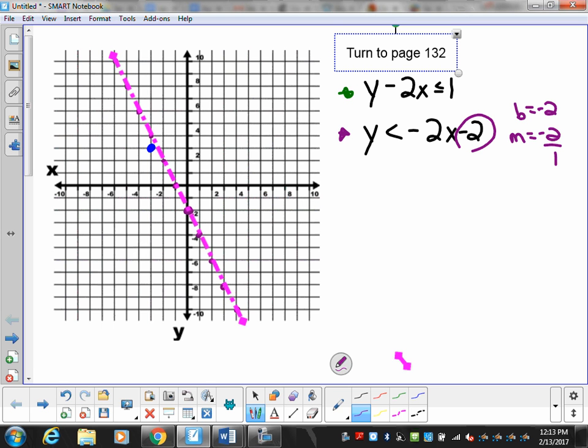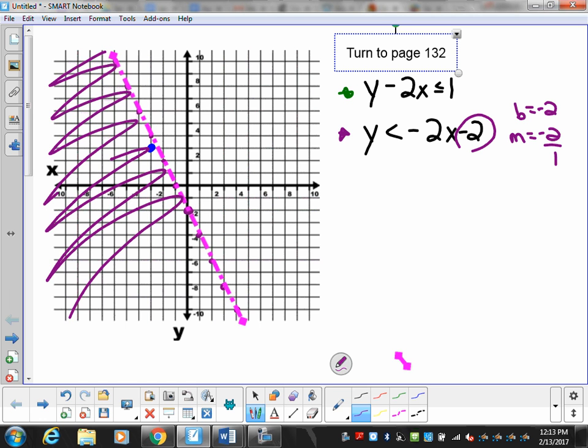So if I'm shading, it's going to go to this direction. Okay, so before I even move to the second inequality, what I'm going to ask is, is the blue dot in that shaded region? Yes, so it could be a solution. It's a solution for that one inequality, but we need to check to make sure it's a solution for both.